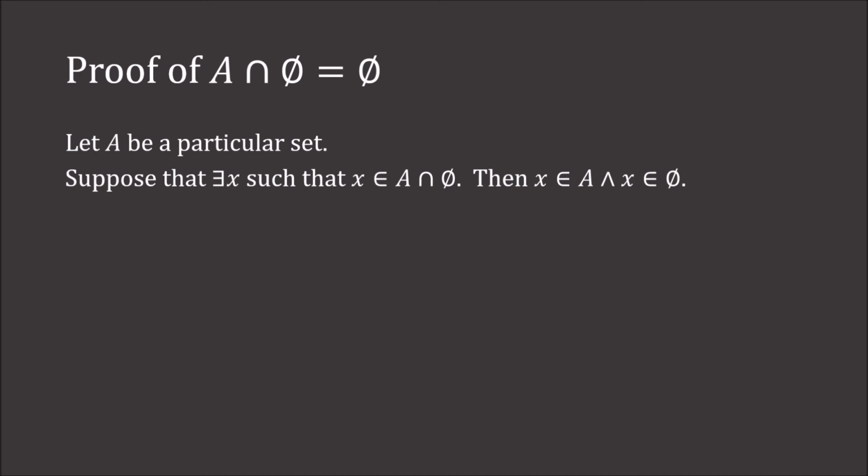But this is saying that X is in a set with no elements. That is a contradiction. Hence, A intersect the empty set is the empty set. So what this example is doing is showing you how to prove that a set is empty. You always do it by contradiction, and you assume that it is not empty.